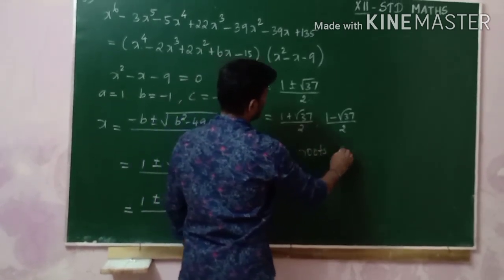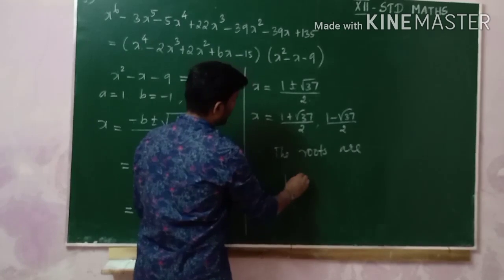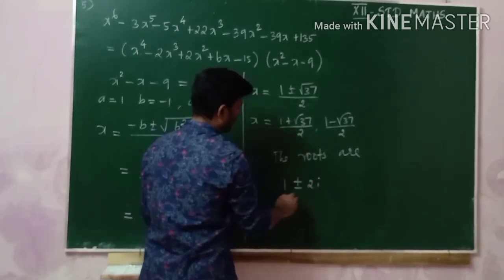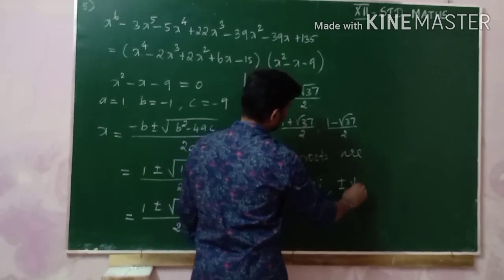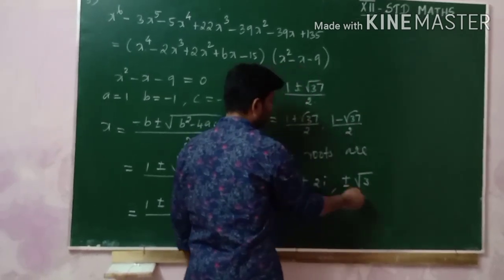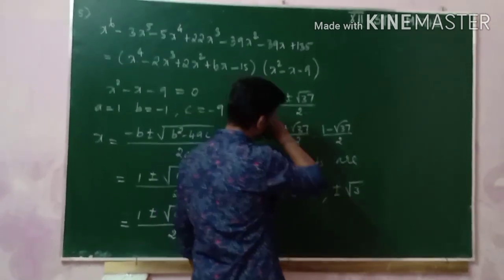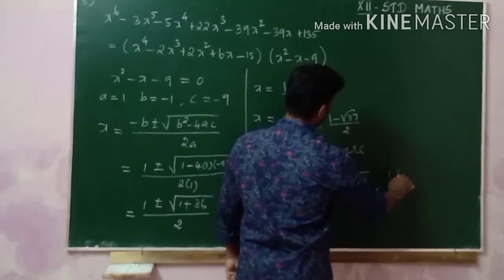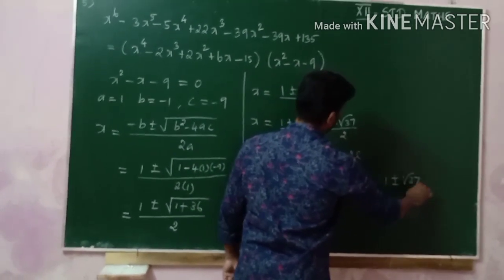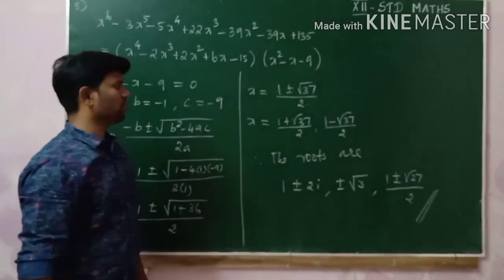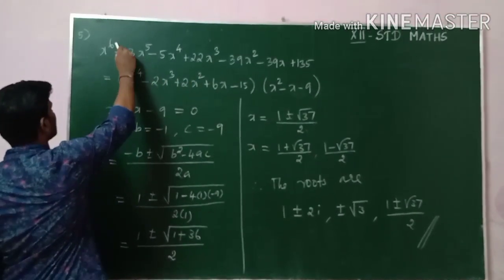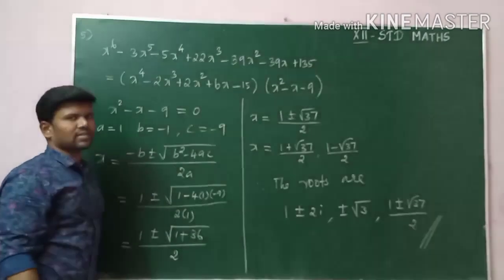Therefore, the roots are 1 plus or minus 2i, that is 1 plus 2i and 1 minus 2i, and plus or minus square root of 3, that is plus square root of 3, minus square root of 3. Other two roots, 1 plus or minus square root of 37 by 2. So we found all the 6 roots for the given polynomial equation of degree 6.